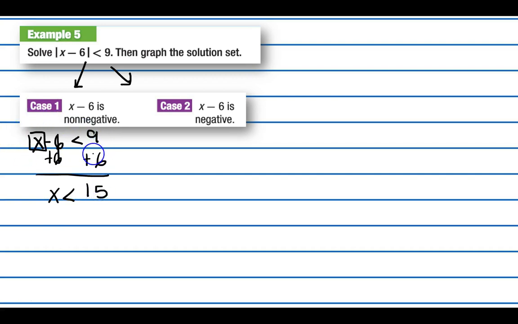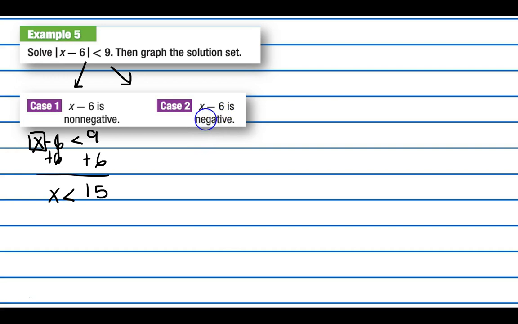And notice when I set it up, x minus 6 was non-negative, so I didn't have to change anything. The only difference between this inequality and the absolute value one is that I got rid of the absolute value sign because I'm splitting them up in two, so I'm dealing with the inequality here.